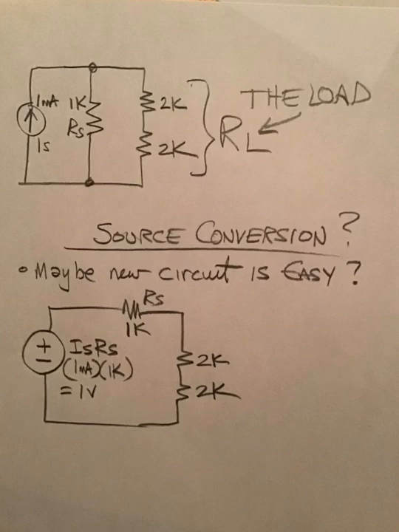If I didn't mention it to you before, I'm going to mention it right now. Take a look at where the blue circle is. If you're going to do a current to voltage source conversion, you have to have a resistor in parallel with the current source. It has to be in parallel.